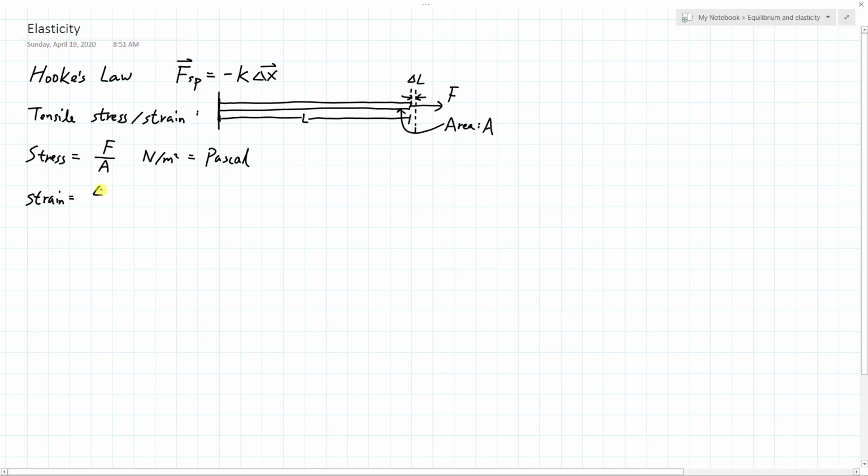So this strain is defined as delta L over the overall L. So this gives you an idea of the percentage change in length. And you can imagine if you have a longer length, you may have the same proportional change, but you'll have a larger absolute change in L. So the strain has no unit because the change in length and the length are both in length units, meters or whatever unit. So this is dimensionless.